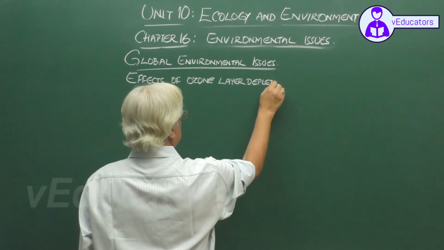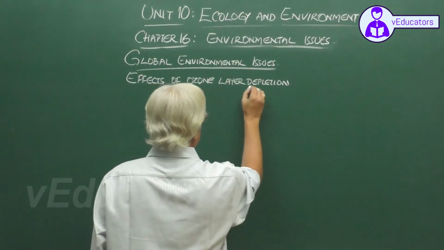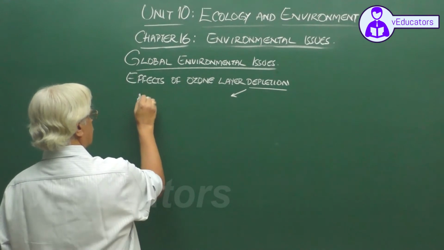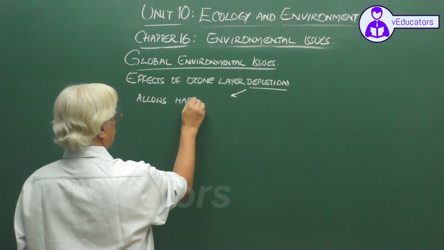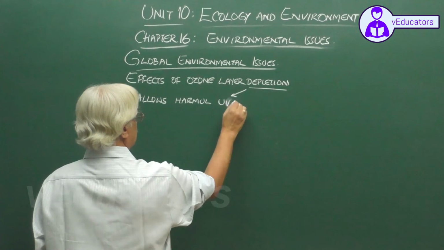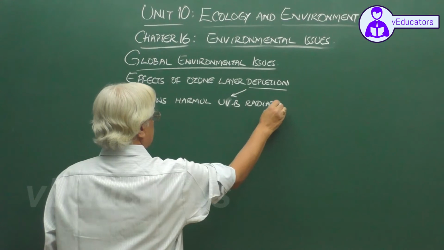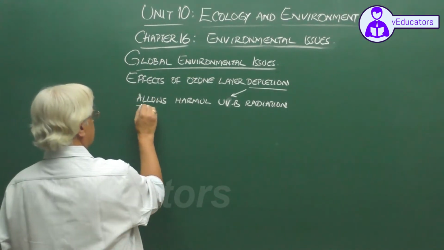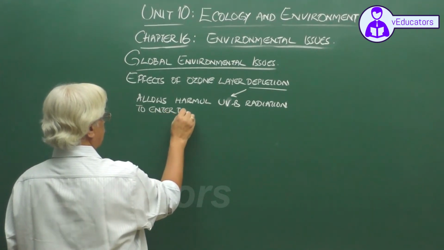We have already discussed that the depletion of ozone layer allows harmful ultraviolet B radiation to enter the earth.